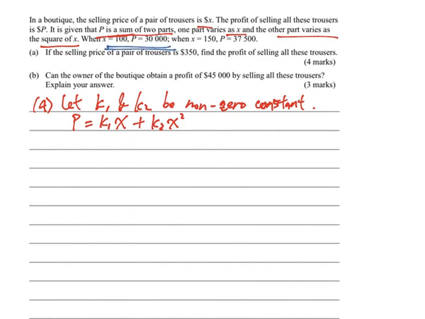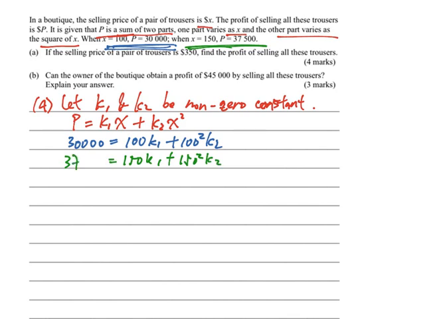Next, we have two sets of data. For the first set, 30,000 is equal to, x is 100, so 100 K1 plus 100 squared K2. And then another set, when x is 150, it is 37,500. Actually, it is a simultaneous equation, so you can use program 2 directly.